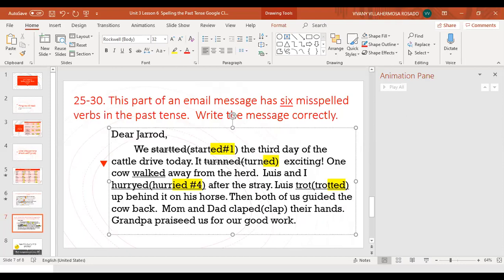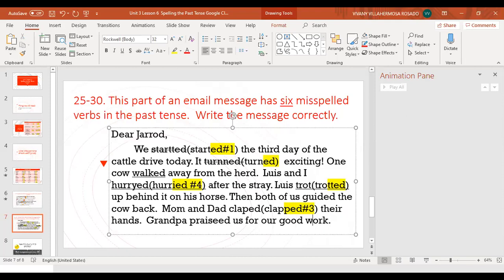Let's see, is it a one-syllable word? Clap. Yes, it is. Does it have a single vowel? Yes, it does. Check mark. Does it end with vowel consonant? Yes, it does. So we double the consonant and we add ed. Rule number 3 is used for this verb. Let me add rule number 3 right next to it.